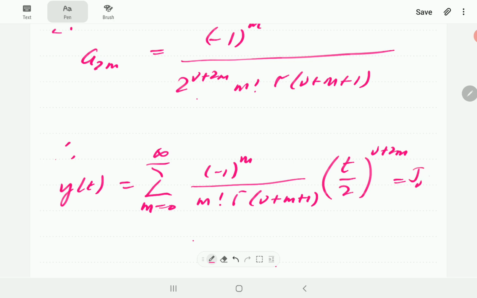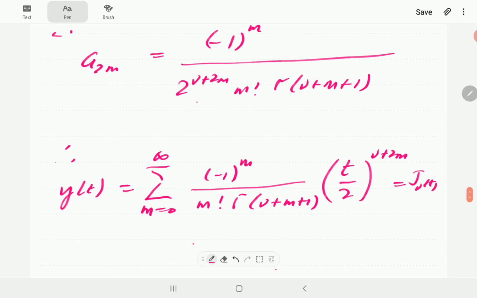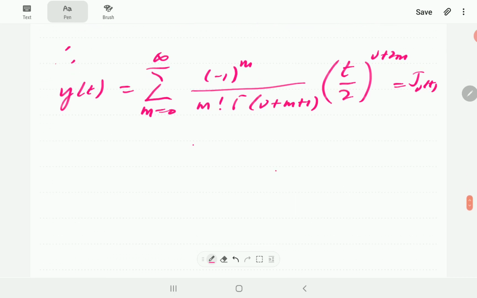This is denoted J nu of t, where J nu of t is the Bessel function of the first kind.